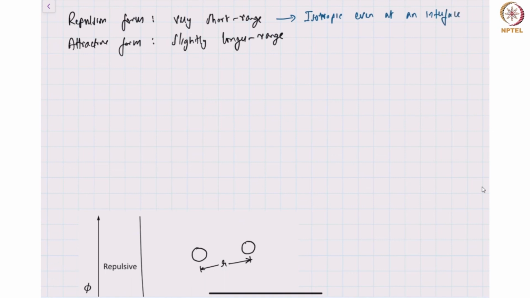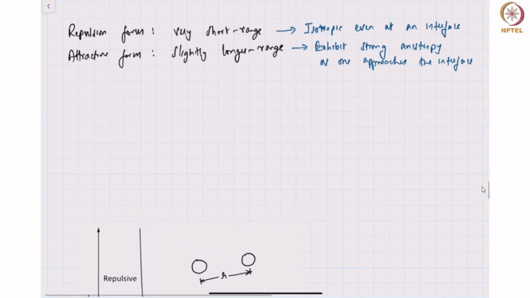And attractive forces exhibit strong anisotropy as one approaches the interface. Now, why is this the case?